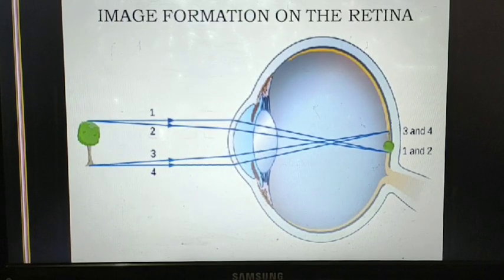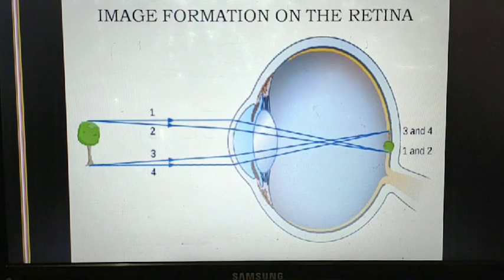Next, we'll see about the image formation on the retina. As we have already discussed, the mammalian eye is like a camera and it works as a pinhole camera. The pupil of the eye corresponds to the diaphragm of the camera, the lens to the glass lens, and the retina to the film of the camera.